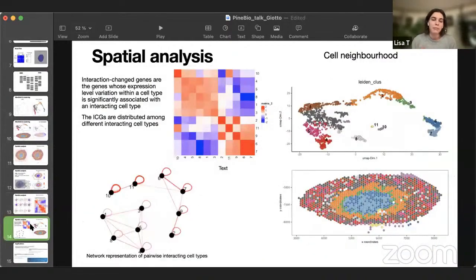And one more, maybe the most interesting thing, is how the cells interact. The first step is to find the interaction changed genes, so the genes whose expression changes when there's interaction with different cells. Based on these genes, we can find cell types that are interacting within a cluster or with other clusters.